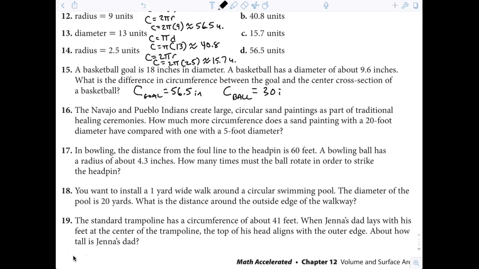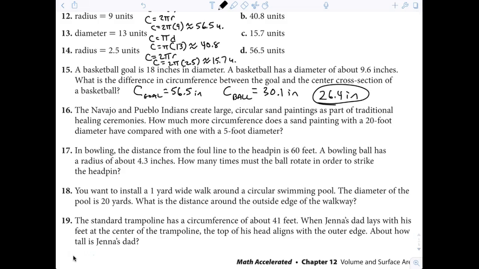Does everybody agree with that? 30.1 inches. Okay, now what's my final answer? Good job, girl. 26.4 inches is my answer. Very good. Okay, 16, read it.